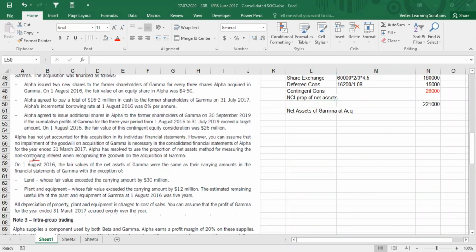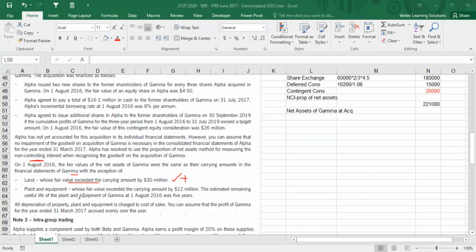On 1st August 2016, the date of acquisition, the fair value of the net assets of Gamma were the same as their carrying amount in the financial statements of Gamma, with the exception of land whose fair value exceeded the carrying amount by 30 million, we will increase it.